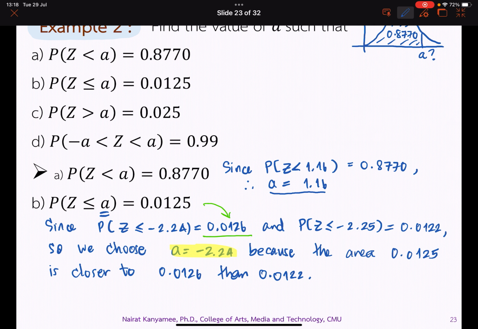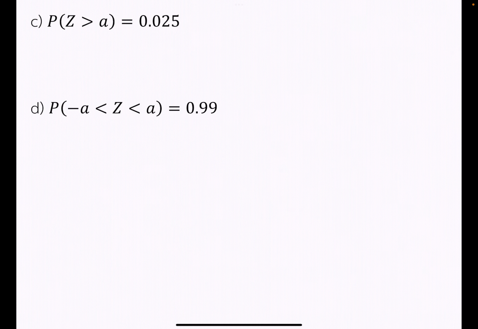All right, let's take a look at part C. Part C, we are looking for probability of Z greater than A, which is equal to 0.025. Okay, we go take a look at this.